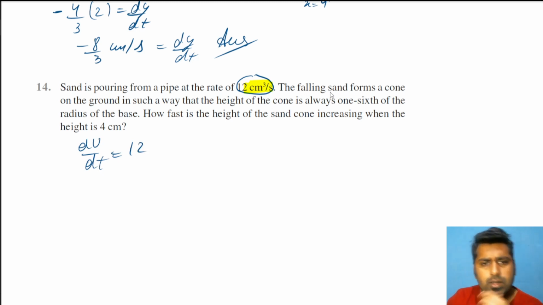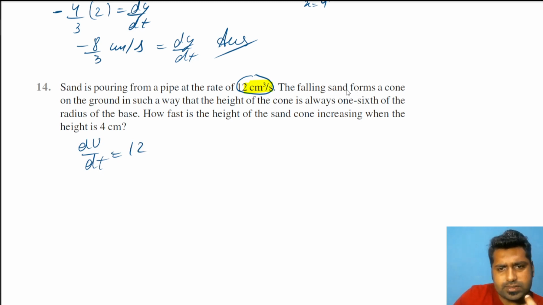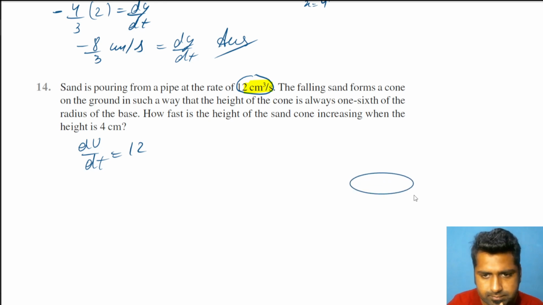And the falling sand forms a cone. So this time he's talking about cone. I told you to learn the basic shapes, those are very important.